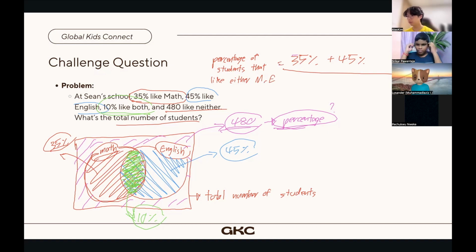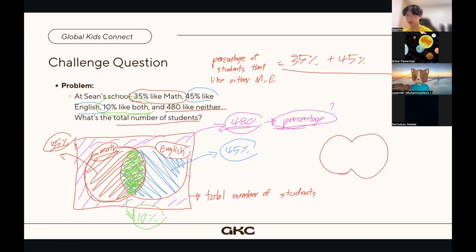And so if we add up 35 and 45, in terms of the graph or the diagram here, then we're adding up these two circles, the areas of these two circles. But then we need to find the combined area of the two circles. And so you can think of it as we're trying to find the percentage or the area of this shape, the overlapping area of the two circles that represent math and English.